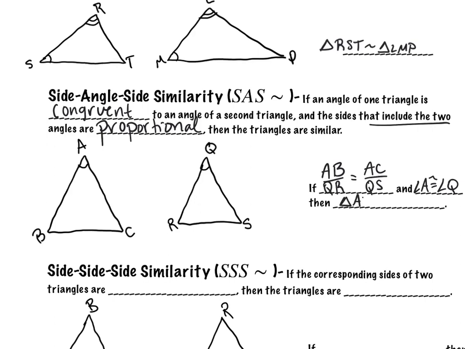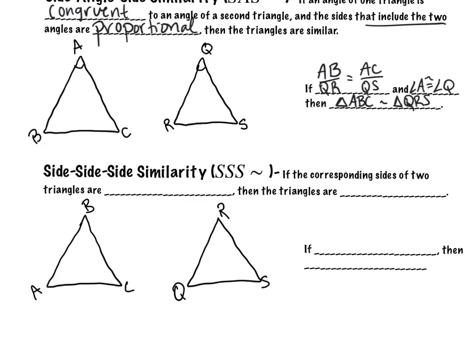So we can say that triangle ABC is similar to triangle QRS.